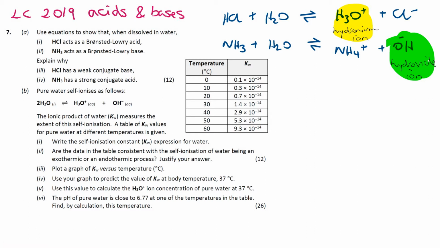Explain why HCl has a weak conjugate base. Now, if I label this 1 and this 2, for equation 1, HCl has a weak conjugate base because it is a strong acid. What that means is that it doesn't form much of an equilibrium, okay?